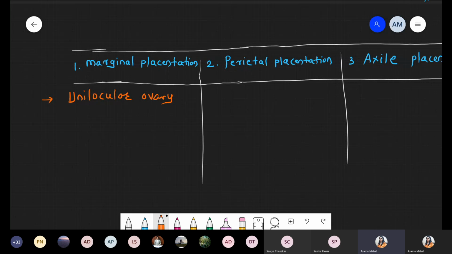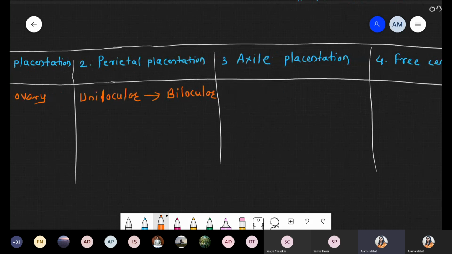In case of parietal, we have variations. Variations means initially there is a presence of unilocular, and that unilocular is further converted into bilocular. So two types are present: maybe unilocular, or maybe bilocular. When we are talking about axial, it lies between bilocular to multilocular.